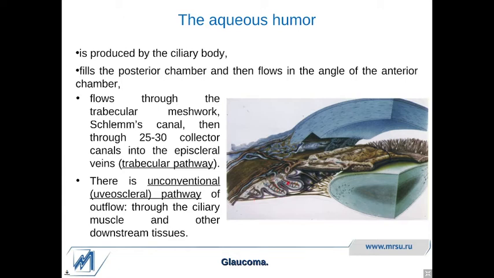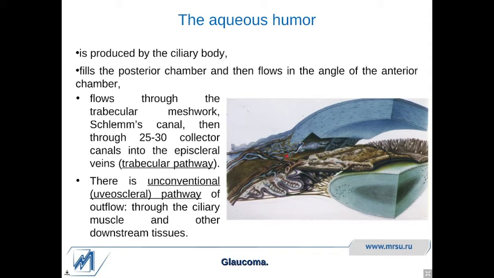The epithelium of these processes produces the aqueous humor. This is the posterior chamber. This is the crystalline lens. Here there is aqueous humor. Then it goes through the pupil to the anterior chamber and then to the angle of the anterior chamber.